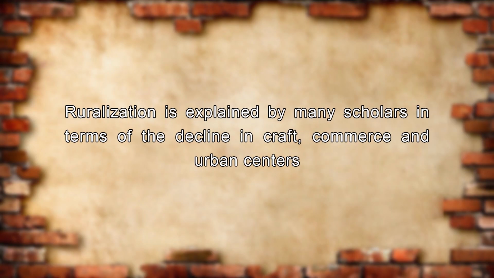Ruralization is explained by many scholars in terms of the decline in craft, commerce and urban centers. Thus, one important feature of the post-Gupta period economy was the decline in trade, both internal and external, that finally carried the process of urban decay.